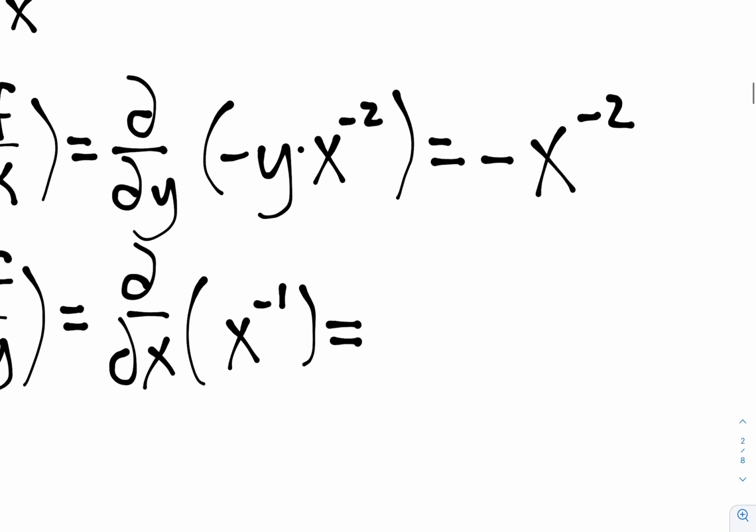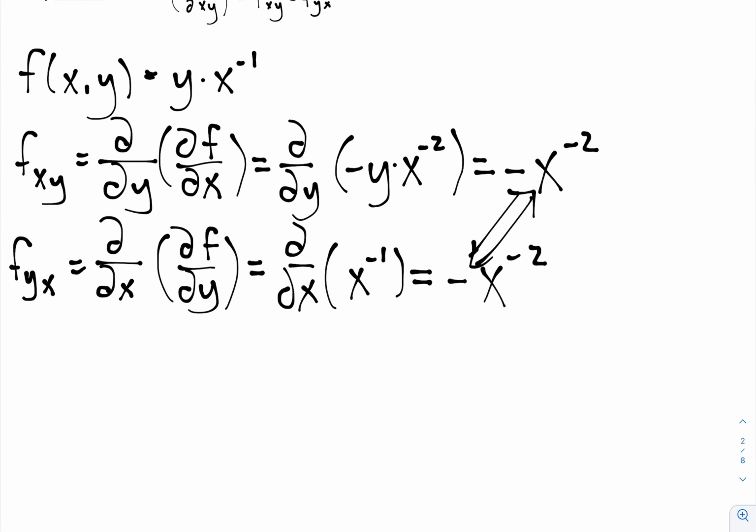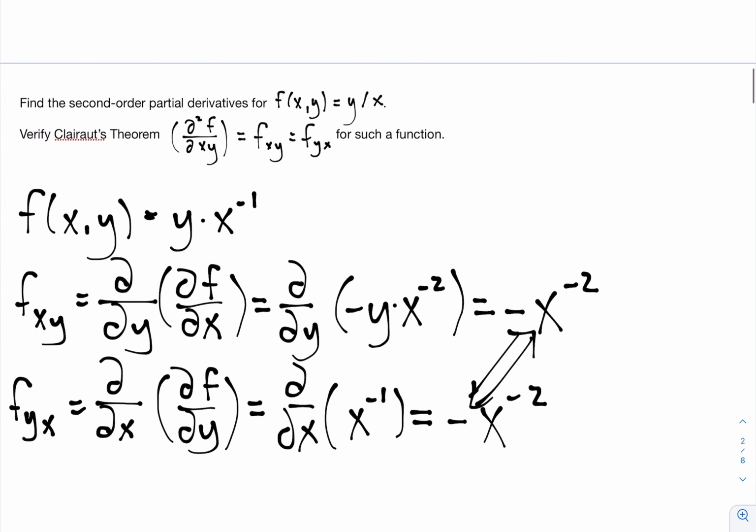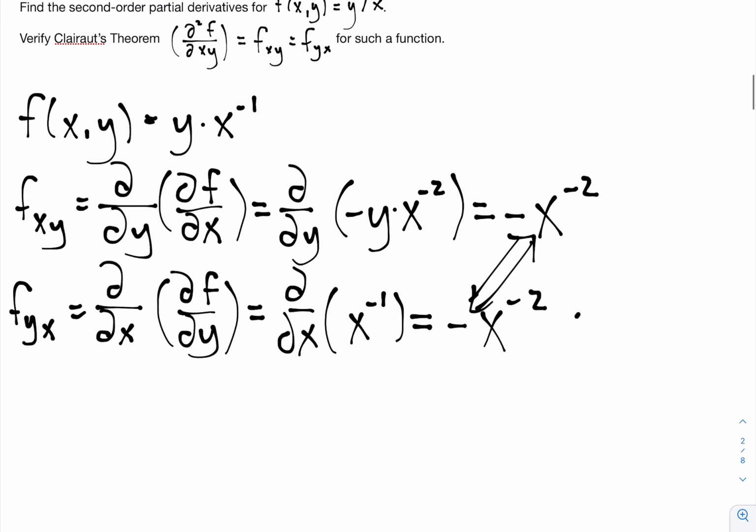Now we're going to take the partial derivative of x to the negative 1 with respect to x. So remember, we bring the negative 1 down in front, and we reduce the exponent by 1. So it's going to be negative x to the power of negative 1 minus 1, so negative x to the power of negative 2. Since these two are the same value, we've verified Clairaut's theorem for this function.